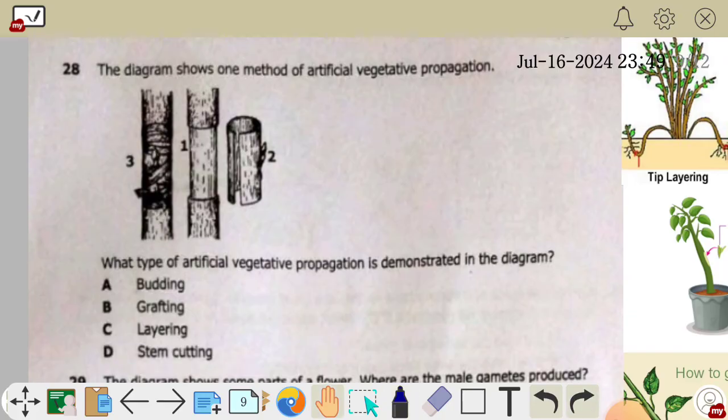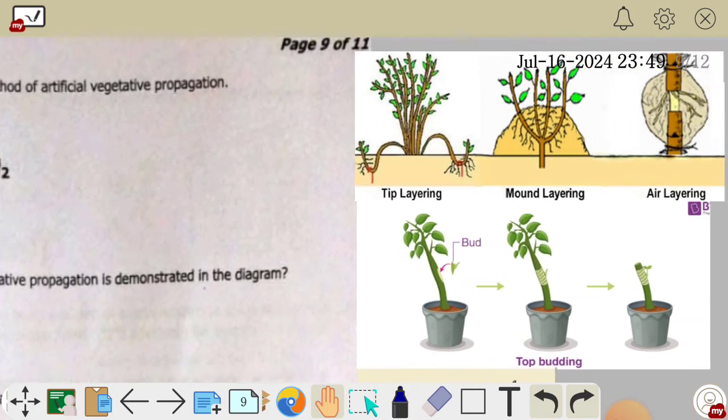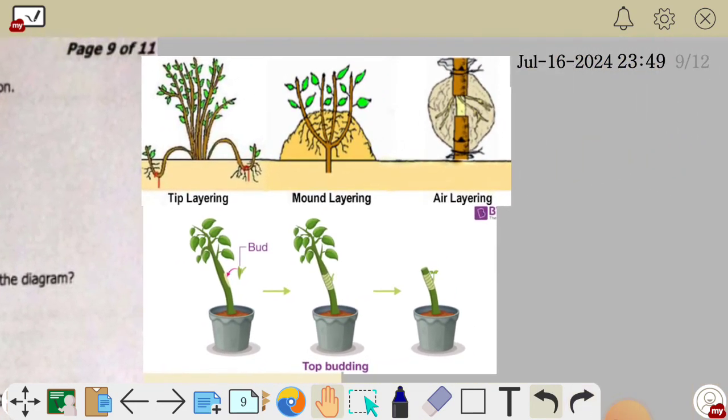Okay, so before I answer the question, let's understand what budding, grafting, and layering are. Layering is where we have a grown plant and we bend one stem into the soil, and then that stem will start developing roots and it will grow into an adult plant. That is what we call layering.